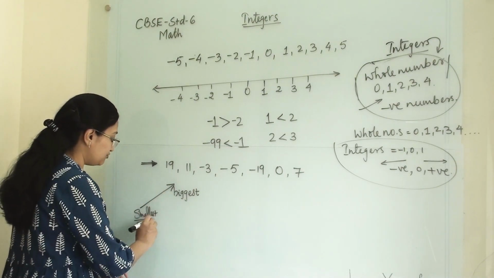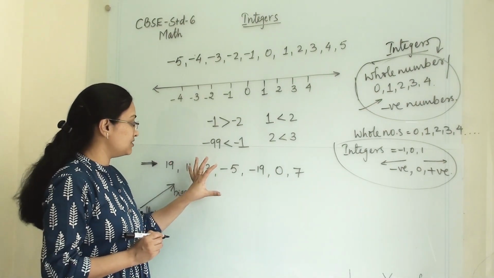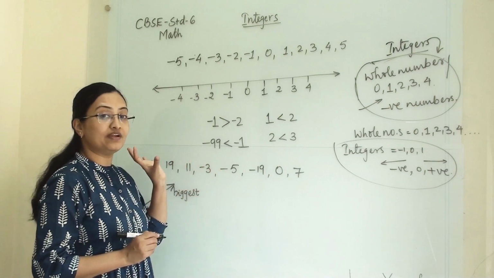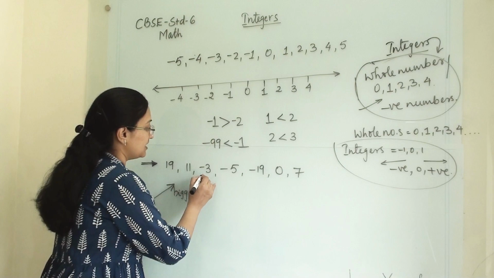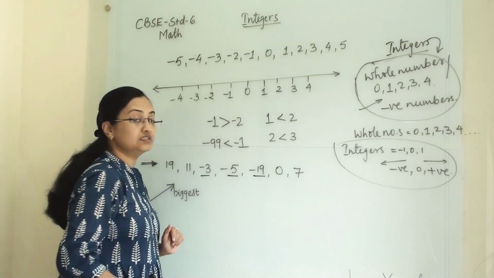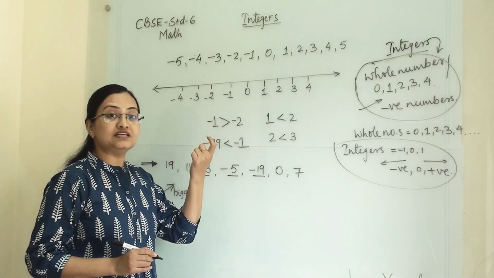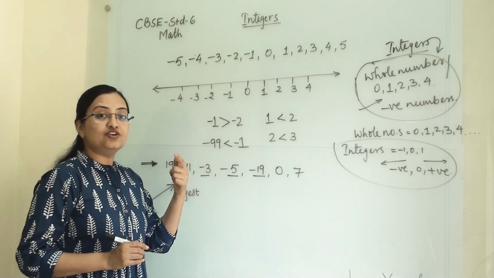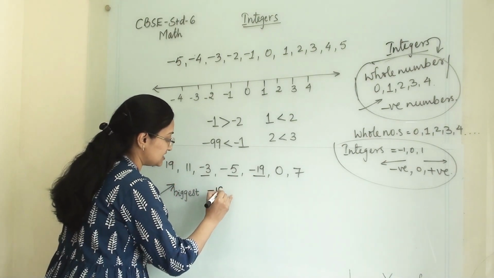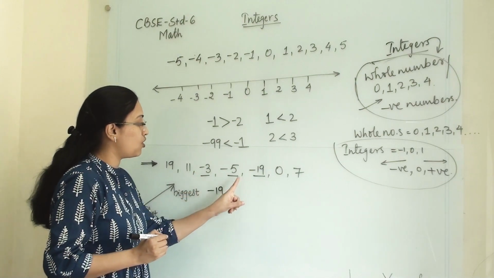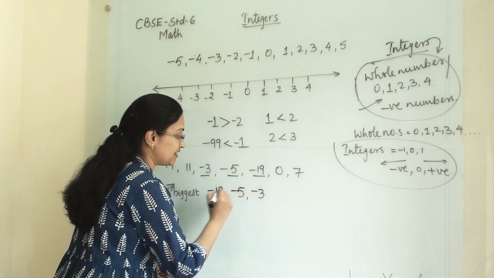So we are going to find the smallest number first. From this bunch of numbers, first we find the negative numbers because they are the smallest numbers among them. These three numbers come under negative numbers. Now as the number is bigger, the value of that number will be less. So -19 is the smallest of these three numbers, then comes -5, then comes -3.